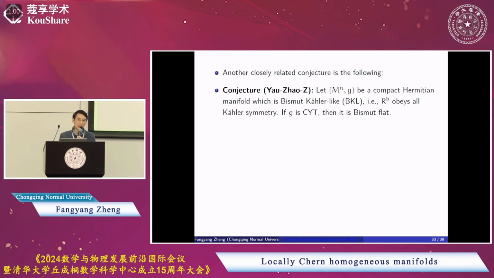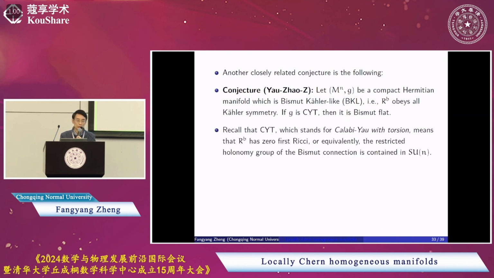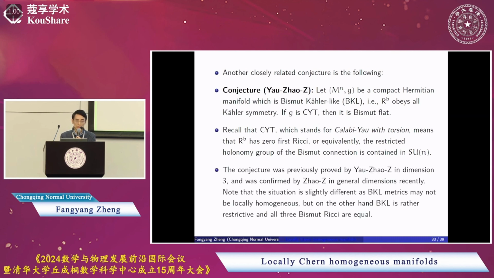But in the Bismuth Kähler-like case, all three Ricci are the same. This conjecture was recently proved by Zhao and myself. CYT means Calabi-Yau with torsion. This is a term they use, meaning that the Bismuth connection has SUN holonomy.